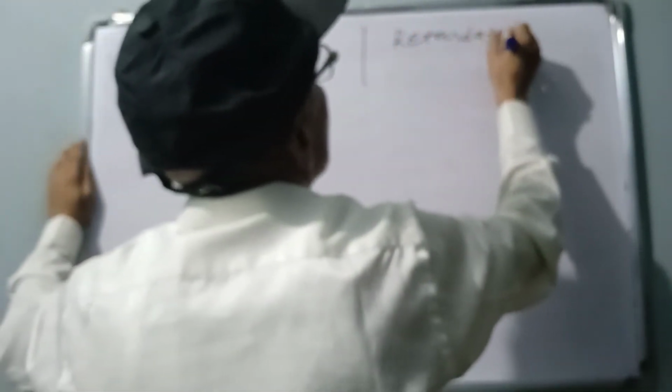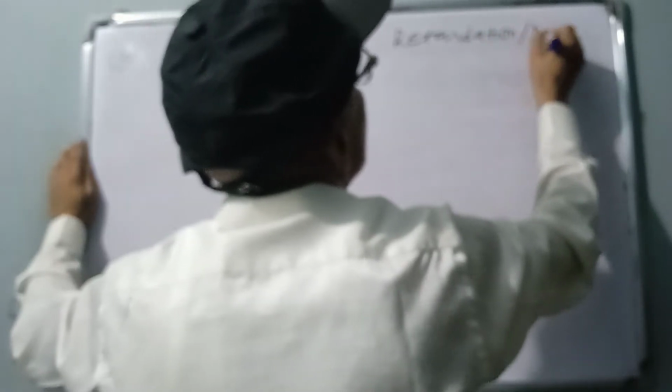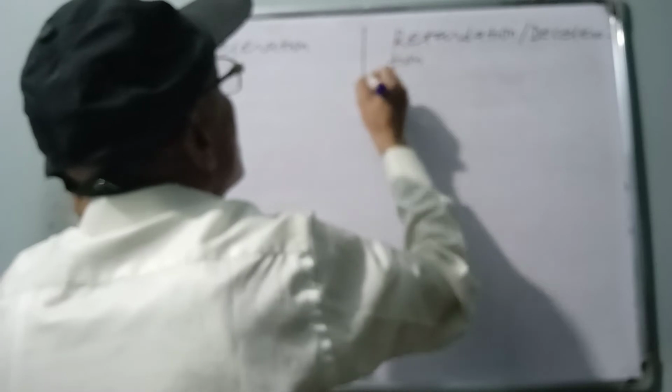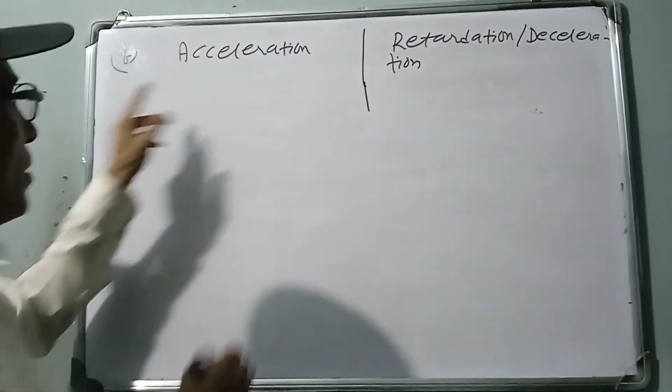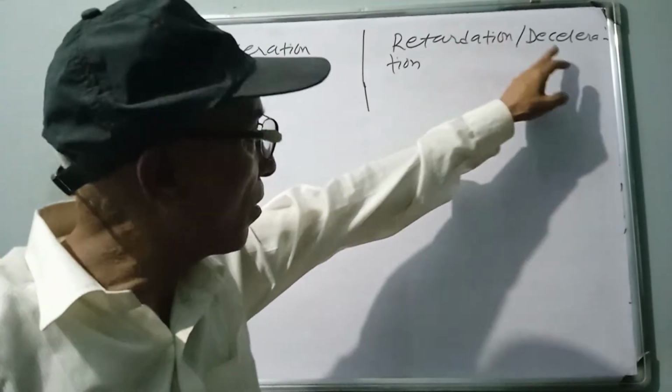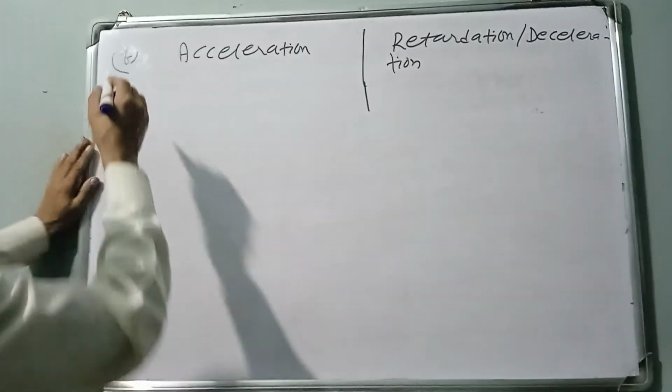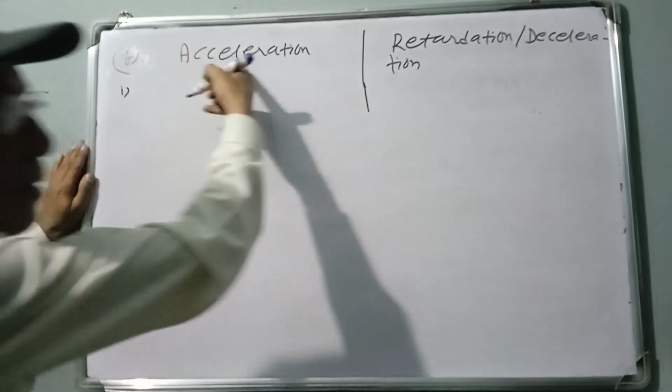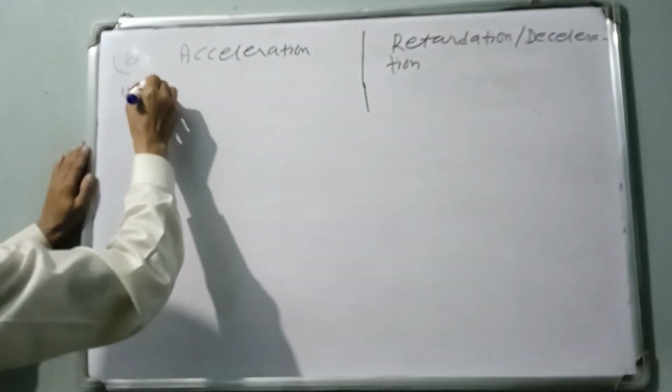Acceleration and retardation. Another name is deceleration. Acceleration opposite retardation or deceleration. Acceleration बढ्दै गएको, यो घट्दै गएको.